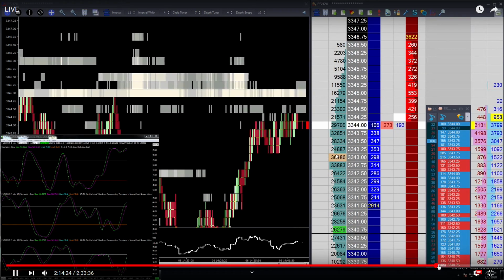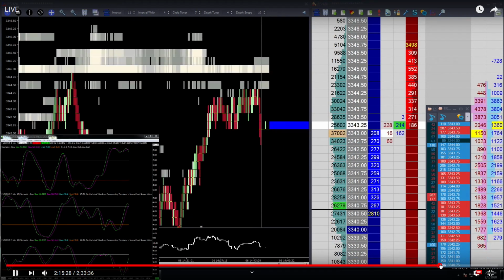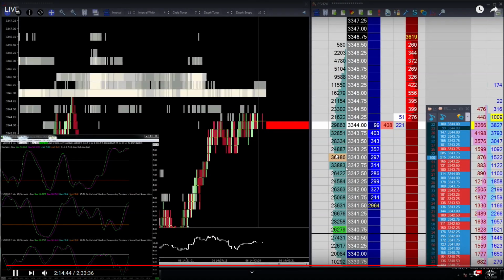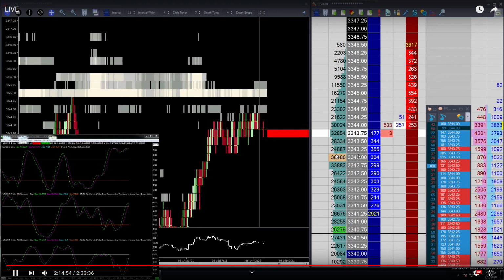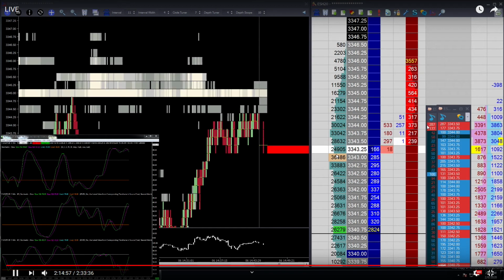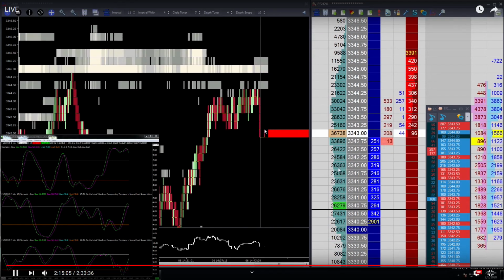So let's actually notice that. See that? What happened right there? Watch it just fall in. Let's see what happens right here. Let's see if it's large size on the tape. Large size, so they're clearing out multiple price levels and it tumbles in. But that's okay.